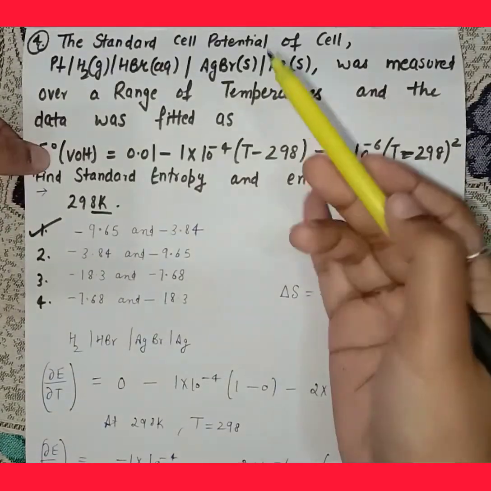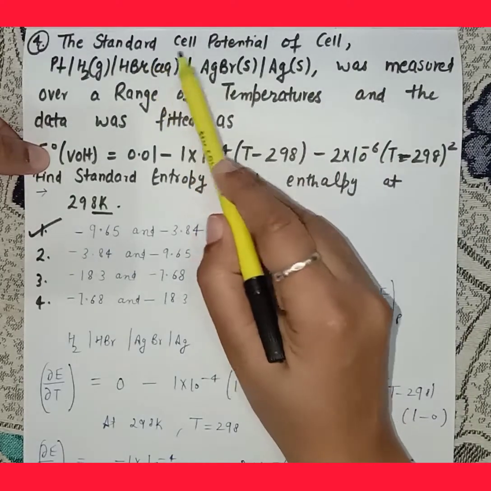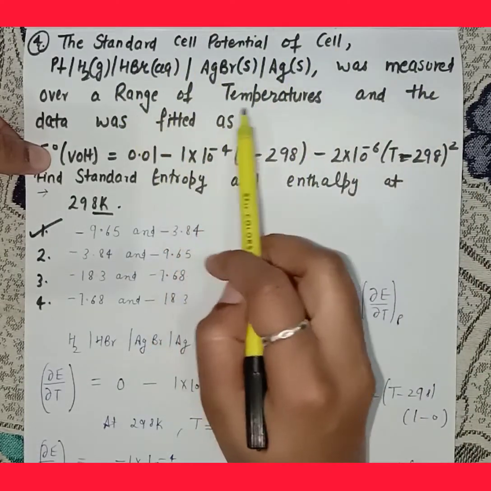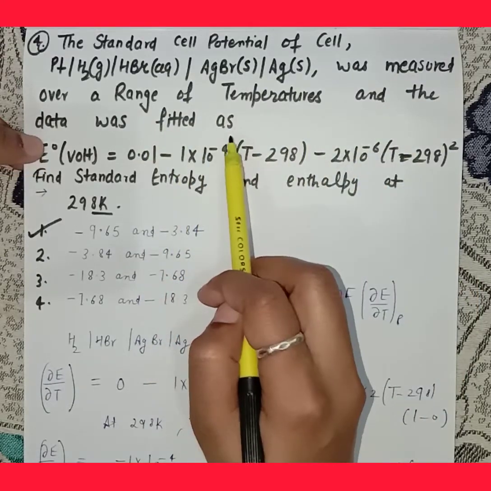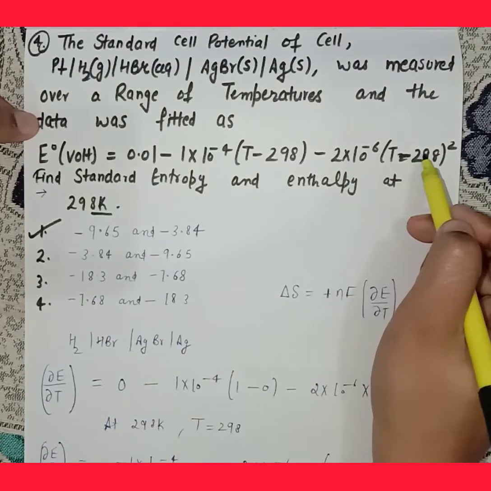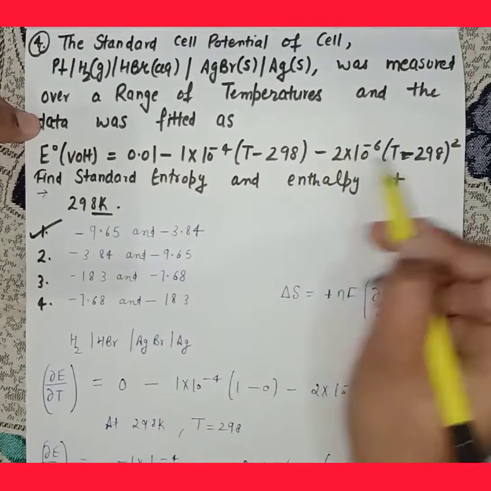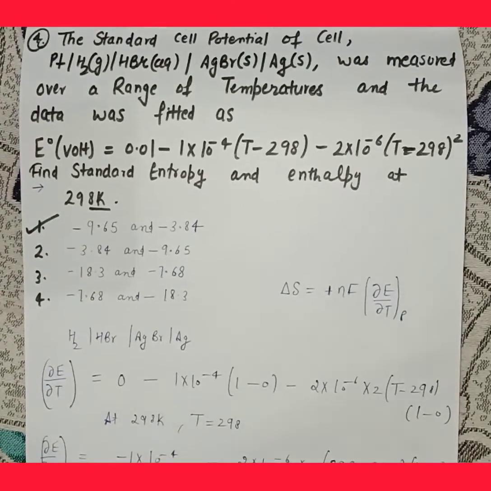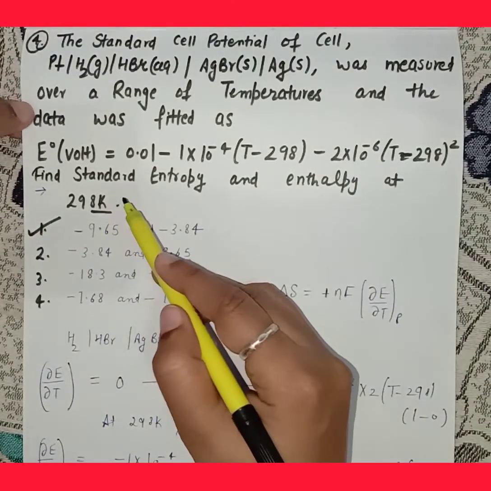Next question, this is of 4 marks. The standard cell potential of a cell was measured over a range of temperatures and the data was fitted as follows. Here the E naught value is given in this way; look here, this is the full equation. Find the standard entropy and enthalpy at 298 Kelvin.